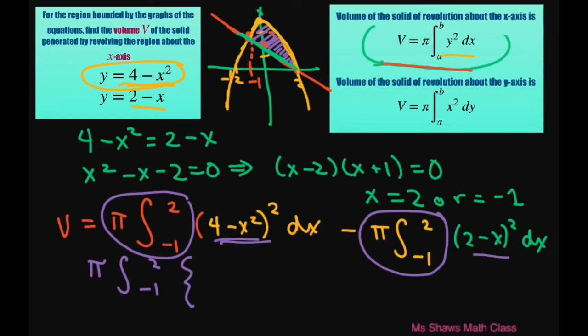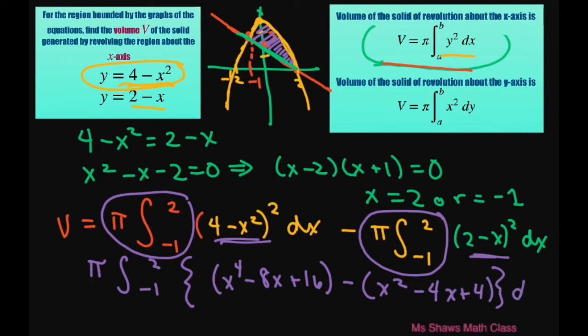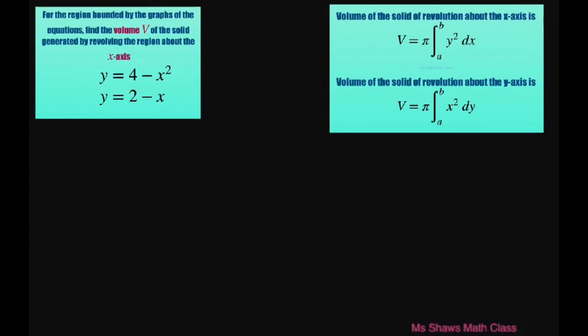For this piece, x to the power of 4 minus 8x squared plus 16, and then minus, for this piece, x squared minus 4x plus 4, and then close it up, dx. Now the only thing else I have to do is simplify this part, and then we can integrate.